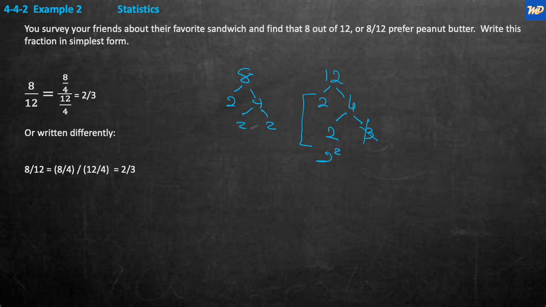This is 2 cubed. We can't use the larger number. We have to use the smaller, because there's a 2 squared in both. There's a 2 squared in 2 cubed. So the greatest common factor is 2 squared, and 2 squared is equal to 4. So there we can take the 8 and divide by 4, and the 12 and divide by 4, and we end up with this 2/3 over here.